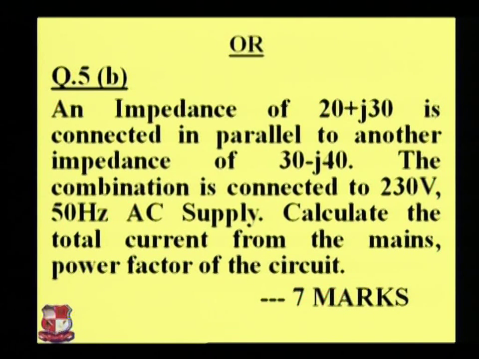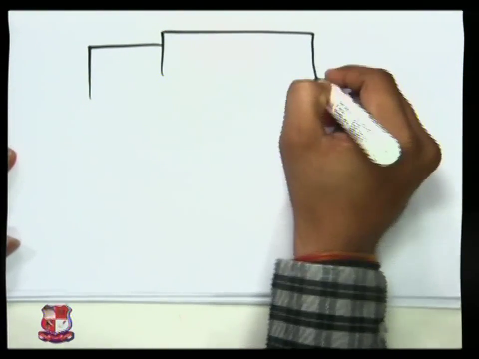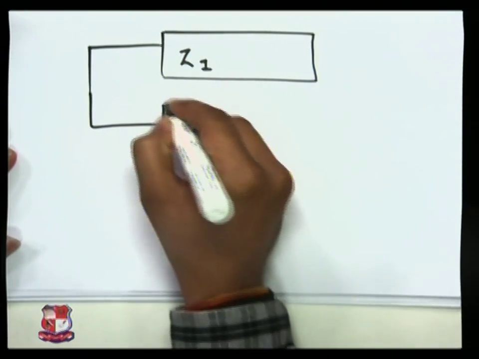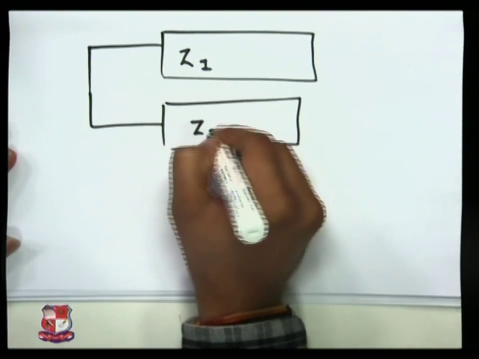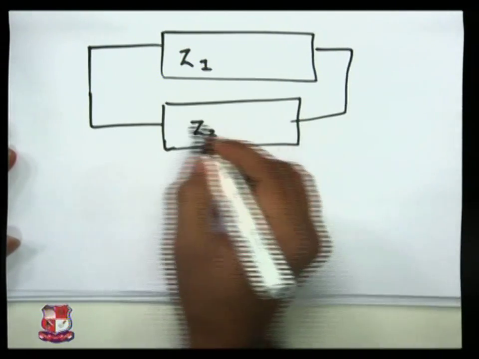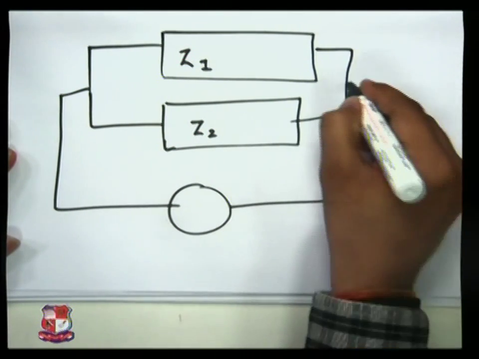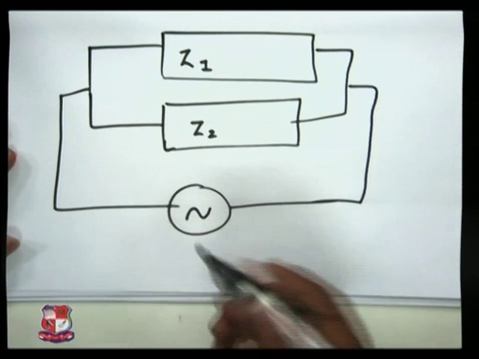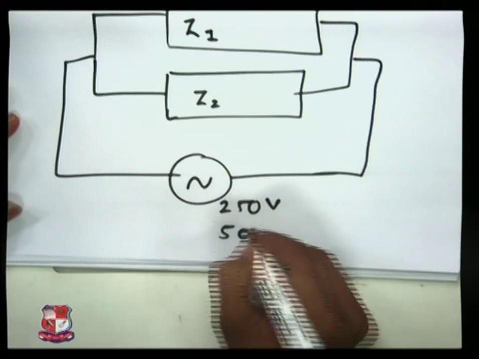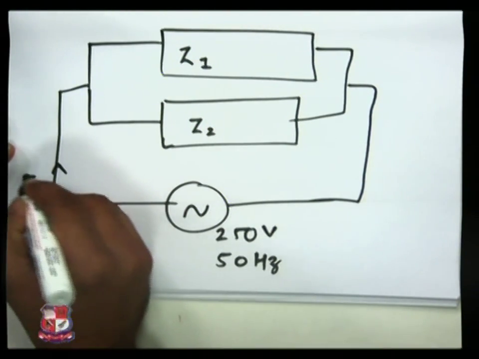The circuit looks like this. Z1 and Z2, the first impedance and second impedance, are connected with each other in parallel, and a 250 volt supply with 50 hertz frequency is applied, with current passing through it.